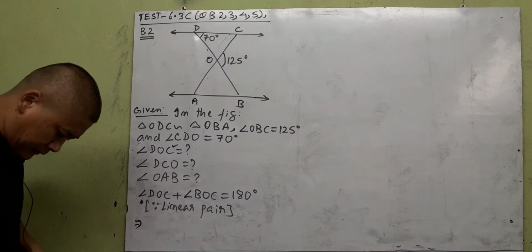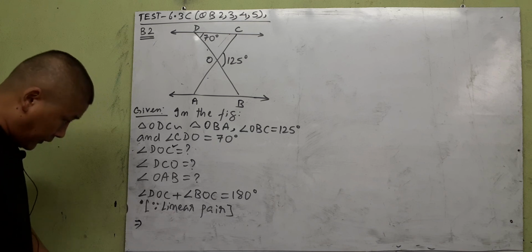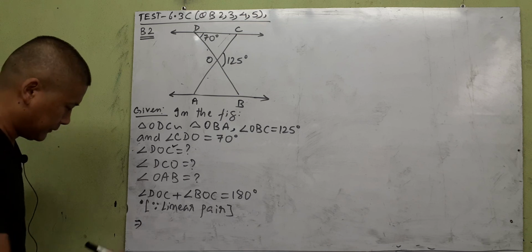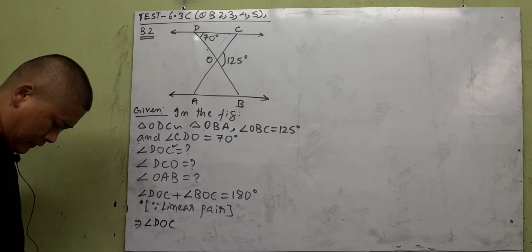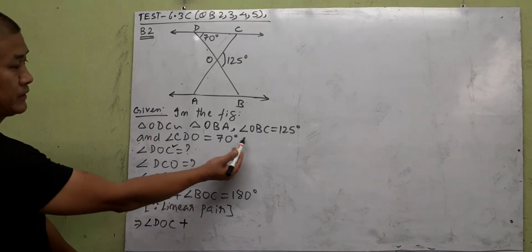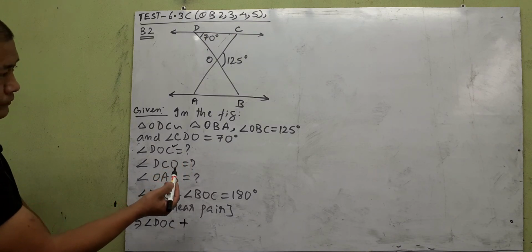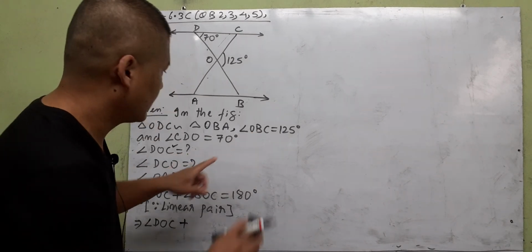So let's do this carefully. DOC, you can write as it is, and then plus BOC, the measure has been given here. I think this is not OBC but BOC. Yes, make a slight correction.